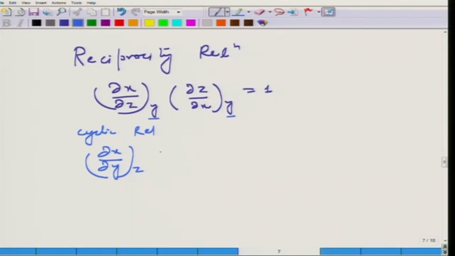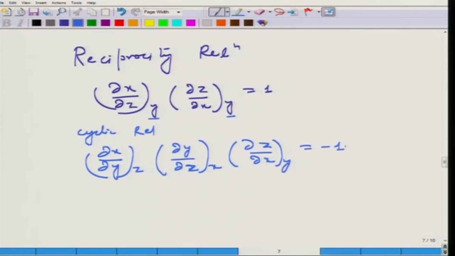So (del x by del y) at constant z times (del y by del z) at constant x times (del z by del x) at constant y is minus 1. This is the cyclic relation.